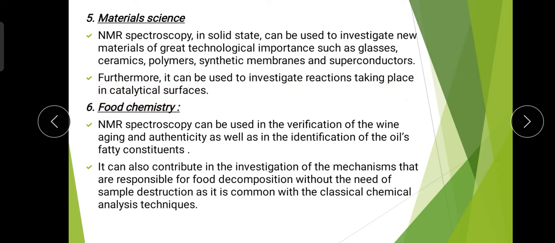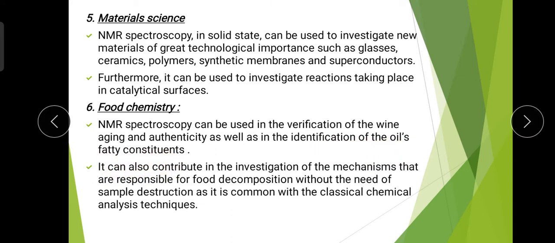That means if we have to study a reaction taking place at a catalytic surface, then we can use NMR spectroscopy. Now the sixth one is the food chemistry field. NMR spectroscopy can be used in verification of wine aging and authenticity, as well as in identification of oils and fatty constituents.